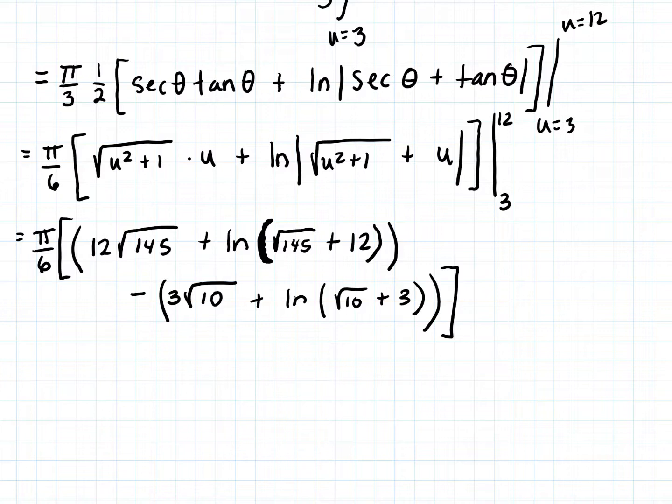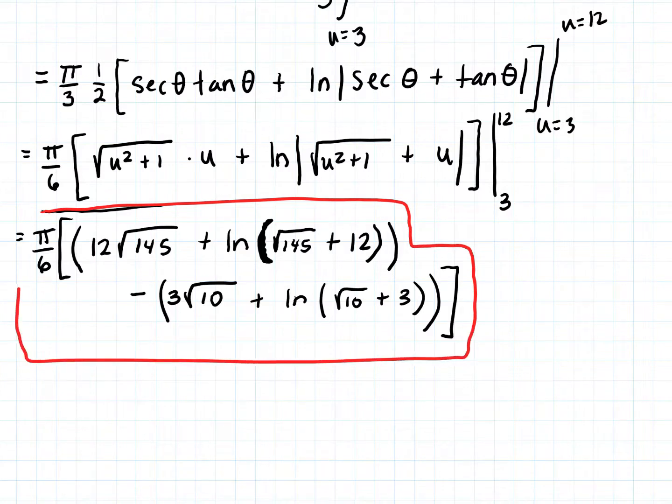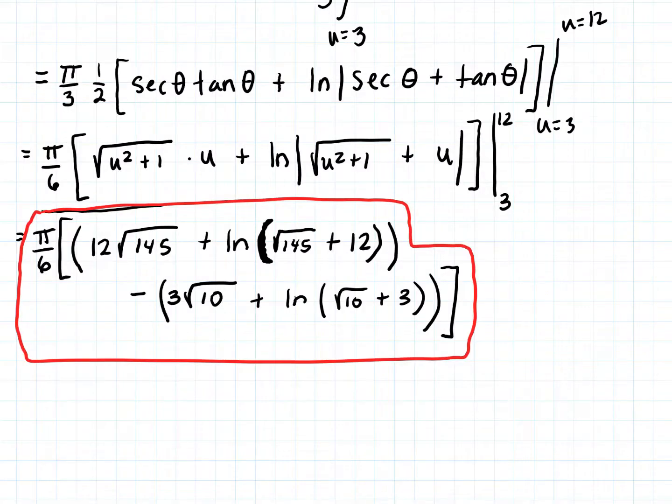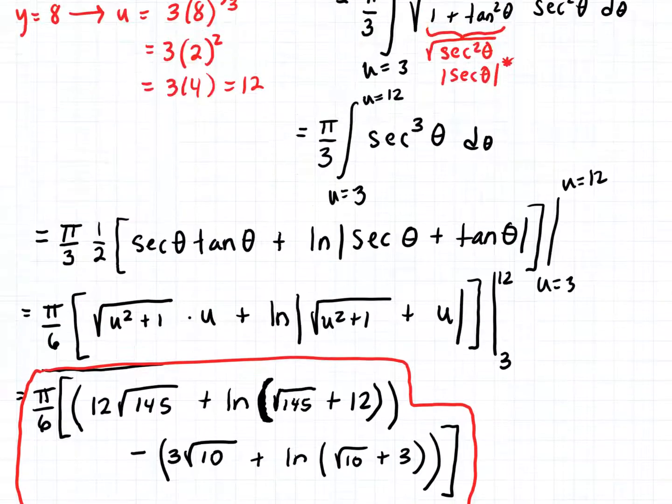That is our answer in terms of simplification. We could maybe do a little simplification on that, pull the natural logs together into a quotient. The roots are not like roots, so we just have those roots. All right. Okay.